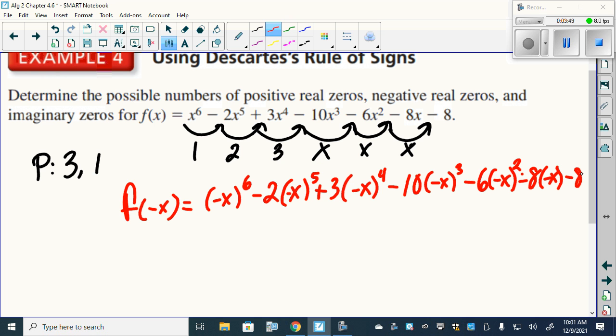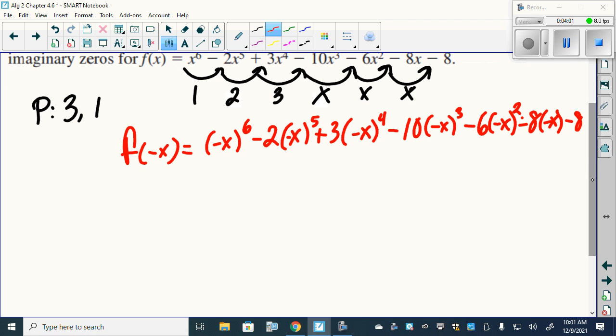So we're plugging negative x in for every x in this entire equation. Any questions on this so far?